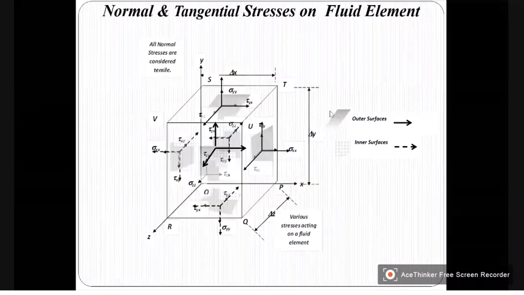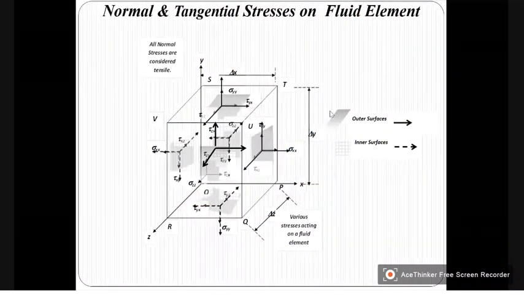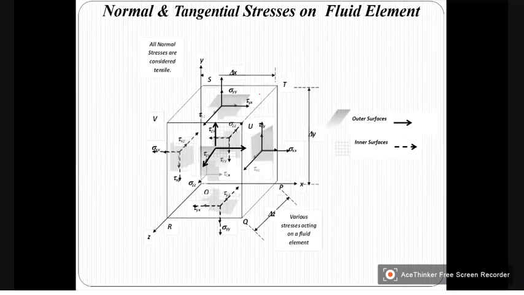So this is the nomenclature which we have followed for normal and tangential stresses. It is these shear stresses which are now considered in addition to the forces due to pressure, that is normal stress, and body force.